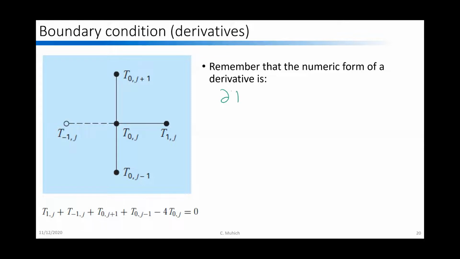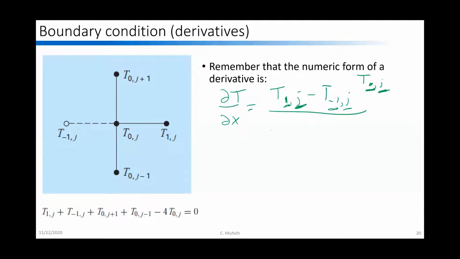So we can say that the partial of T with respect to x is T(1,j) minus T(-1,j), right? Because this would be for T(0,j). So at any point along x equals 0, at any point of j, I can say that, so at 1 and minus 1, that's going to straddle that 0.